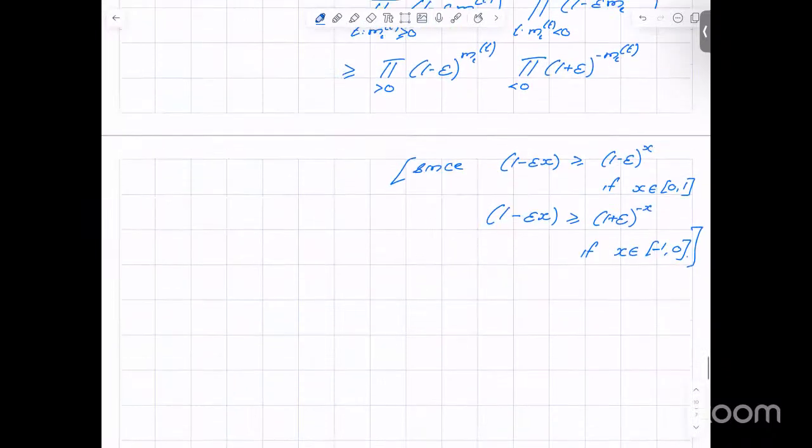So this just becomes equal to the product, which is 1 minus epsilon to the summation of MIT over the greater than zeros, and 1 plus epsilon to the summation of minus MIT for the less than zeros.